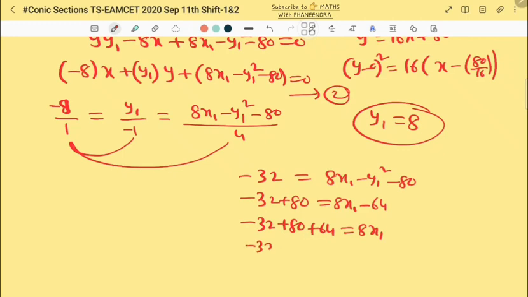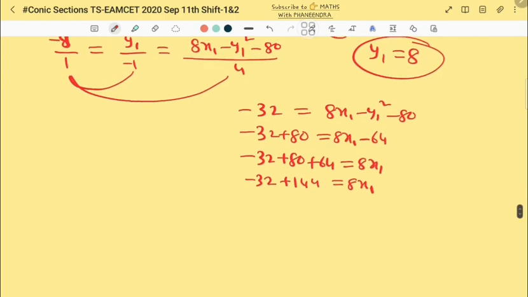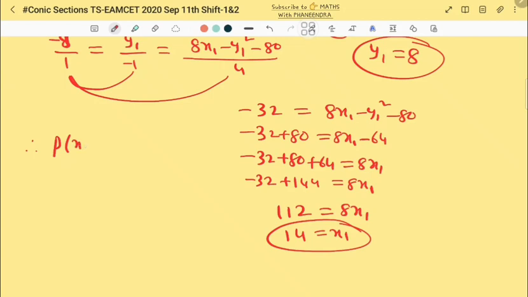So minus 32 plus 144 equal to 8x1. 144 minus 32 is 112, equal to 8x1. 8 ones are 8, 8 fours are 32... so the x1 value we got, the y1 value we got. Therefore, the midpoint of the chord (x1, y1) is P(14, 8).